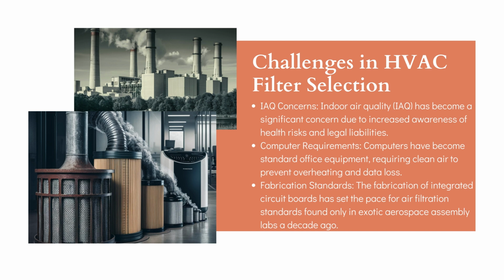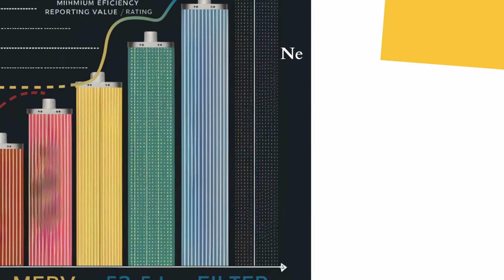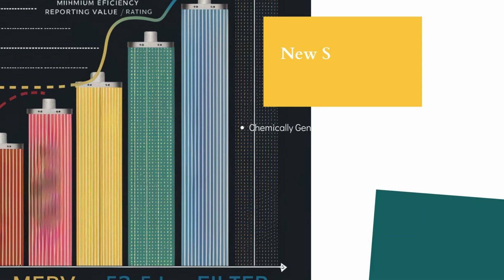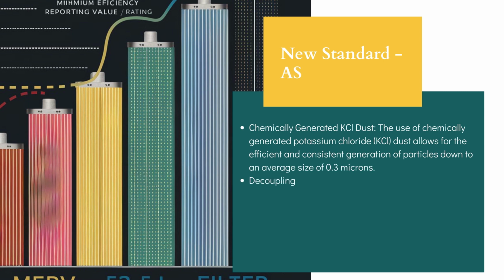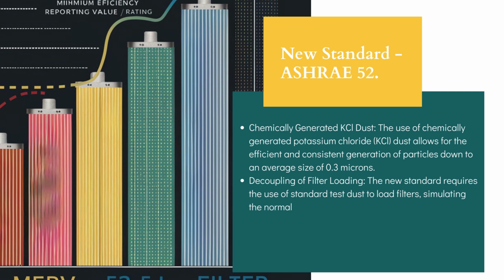To address these challenges, ASHRAE developed Standard 52.2 in 1999. This standard features two important improvements over previous standards. First, the use of chemically generated potassium chloride, KCl dust, allows for the efficient and consistent generation of particles down to an average size of 0.3 microns.